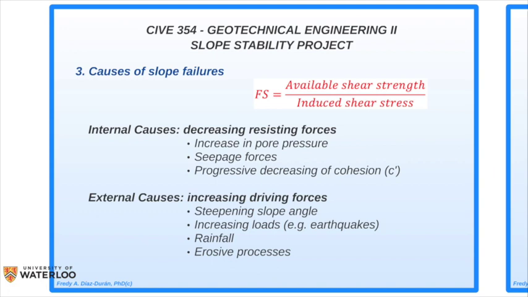Just to let you know that we have to consider increasing pore pressure, seepage forces, or sometimes the progressive decrease of cohesion. For this project, we are going to deal with pore pressure, with seepage forces, and maybe with steepening of the slope angle.